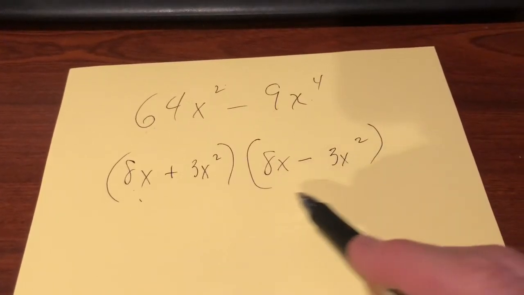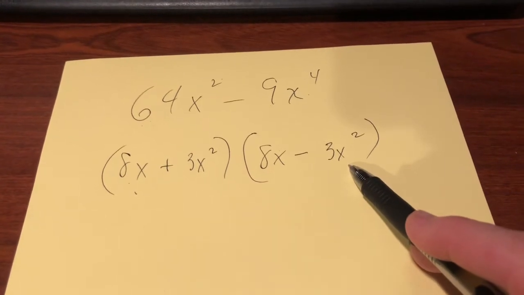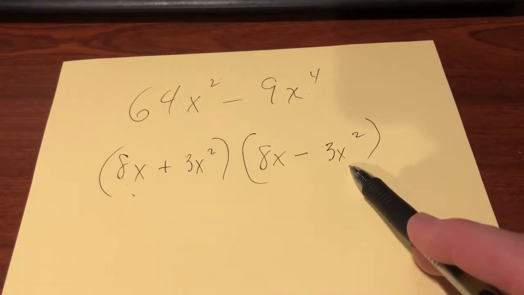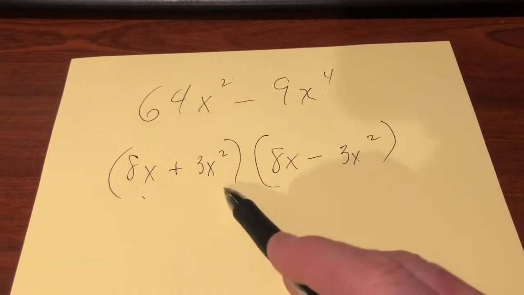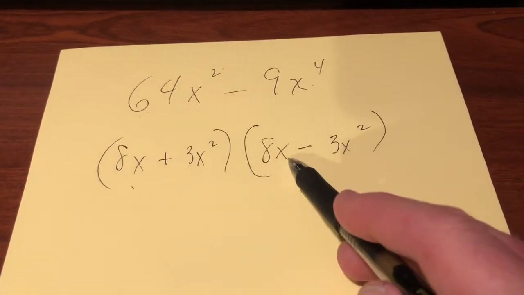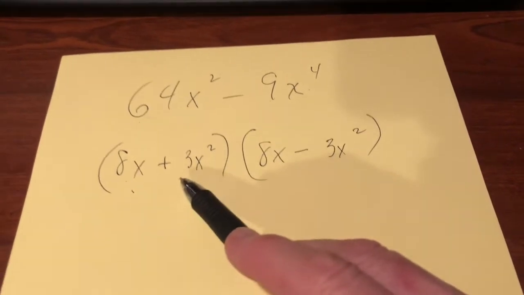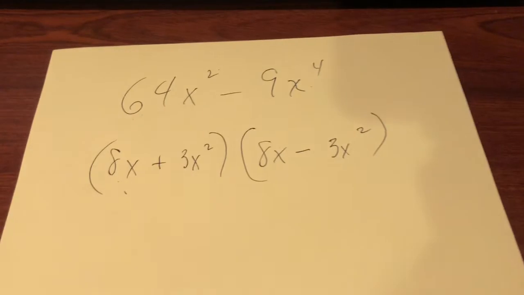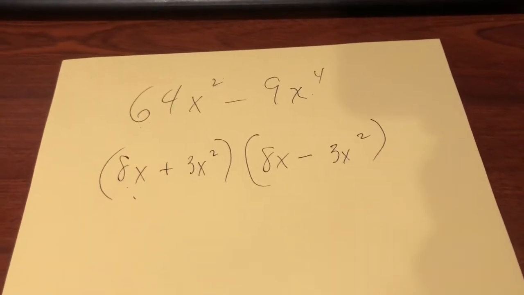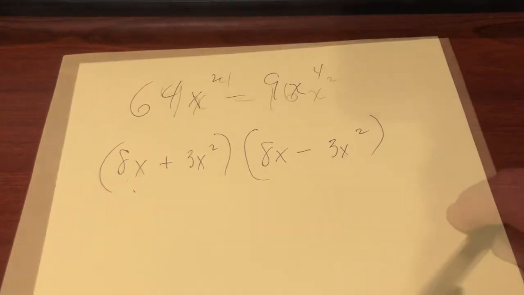The outside would be 8x times negative 3x squared, or 24x to the third. And the inside, 3 times 8 would be 24. X squared times x would be x to the third. This one would be positive, the other one would be negative, and there would be no middle term. So there you go. So this is the difference of two squares.